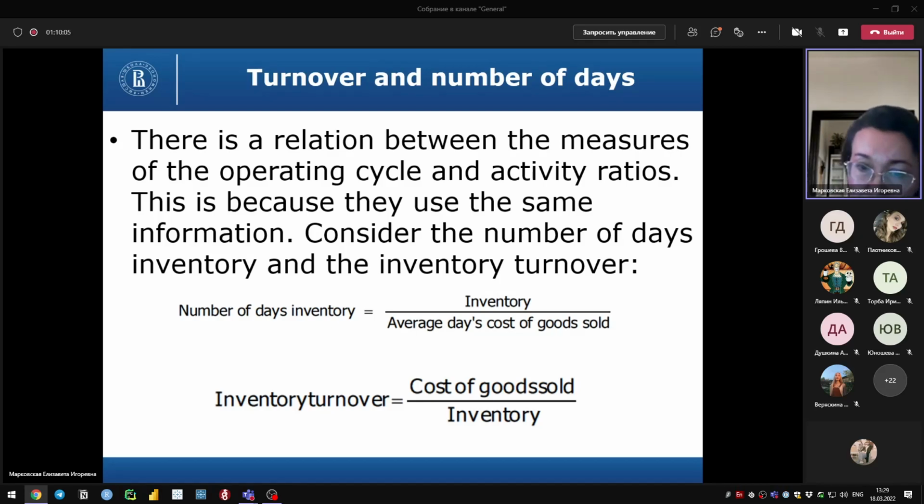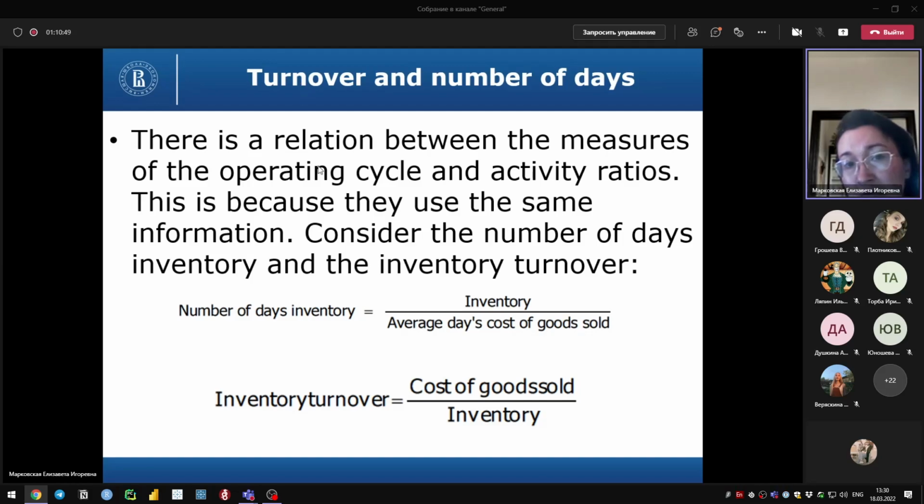But the situation is another when we are talking about the inventory turnover. The higher the inventory turnover, the better the situation with our activity in terms of efficiency, and the better the situation with our liquidity, because it means that we are getting cash more rapidly.